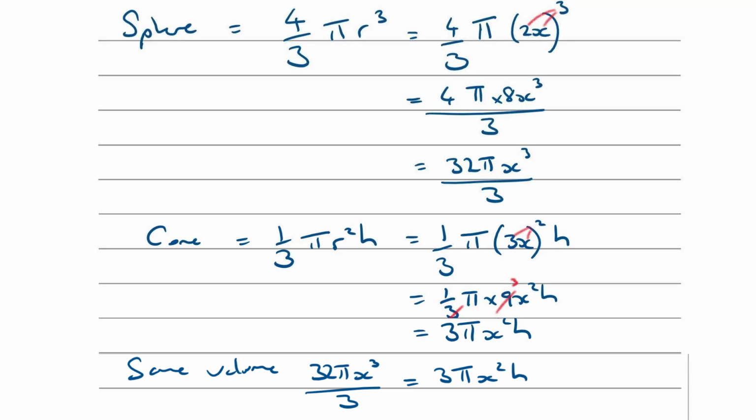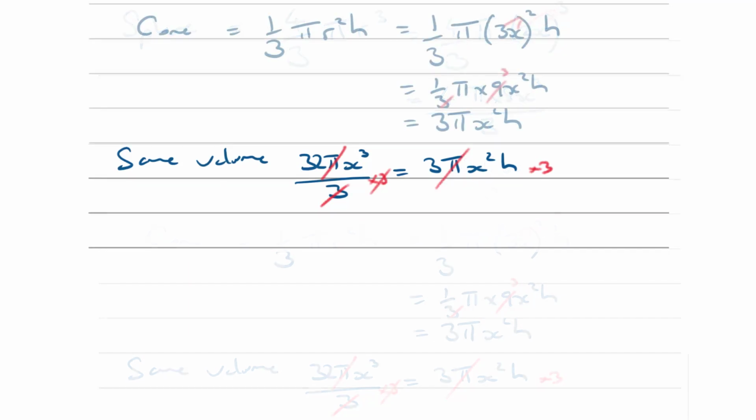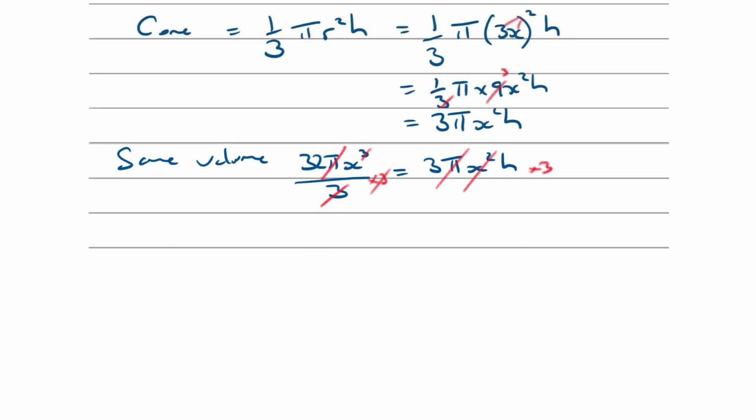I think I'm going to times both sides by 3 to get rid of that annoying 3 there, and I'm going to divide by pi, so they'll disappear. I'm going to divide by x squared, so that will disappear. And I'm going to be left with 32x is equal to 9h.